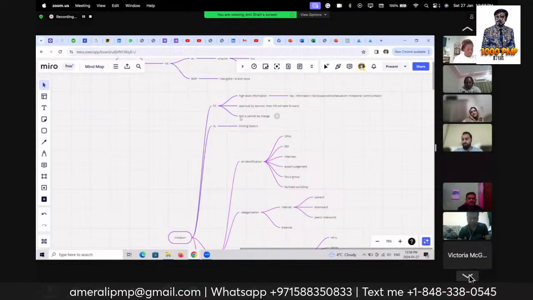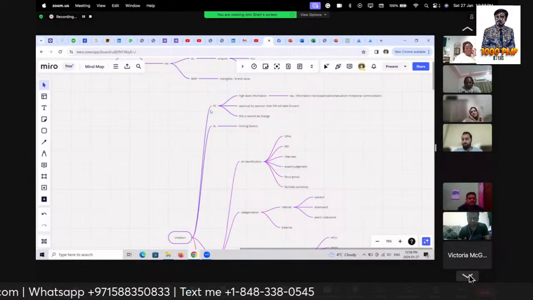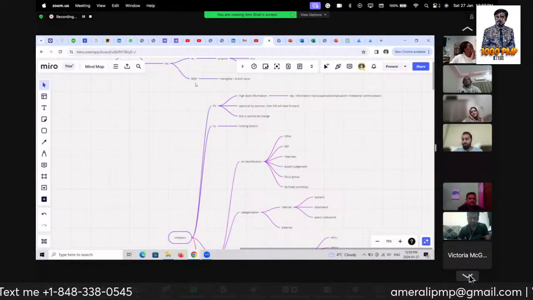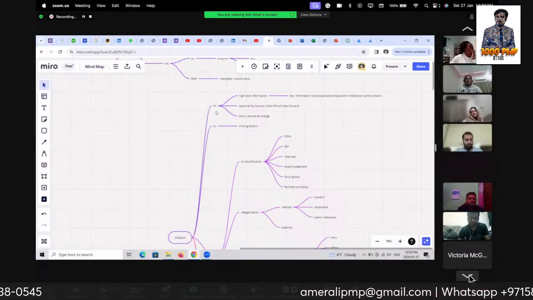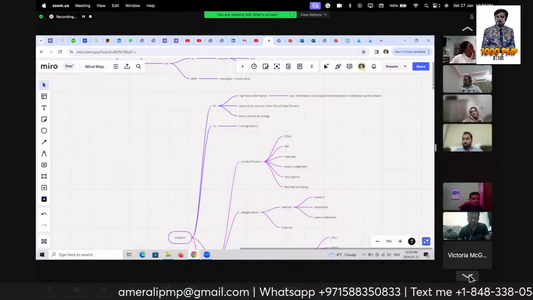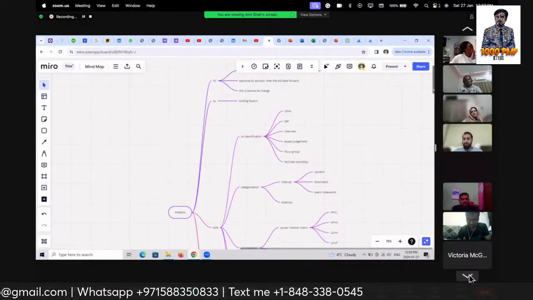This project charter will be approved by the sponsor, and then the PM will take it forward. The entire process, the business case, benefit management plan, and the project charter cannot be changed. That's the limitation. After that, we have the assumption log and the stakeholder register.